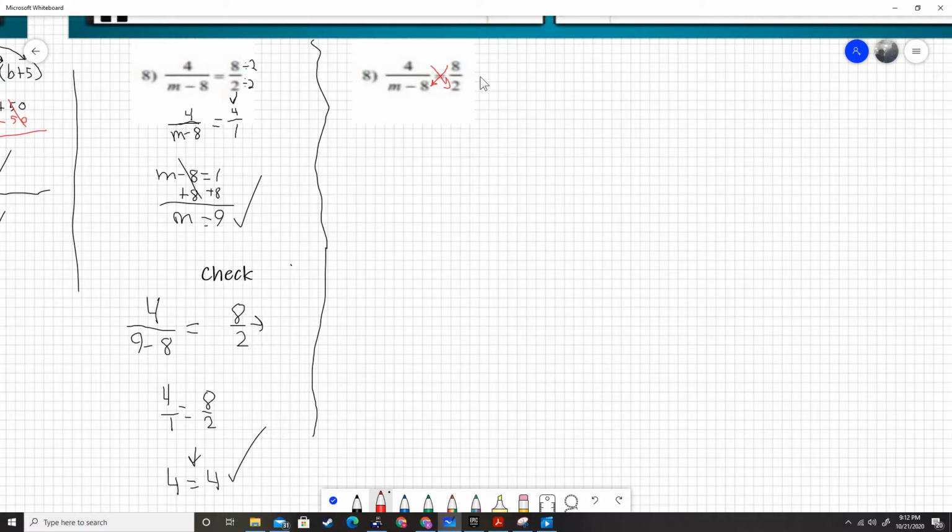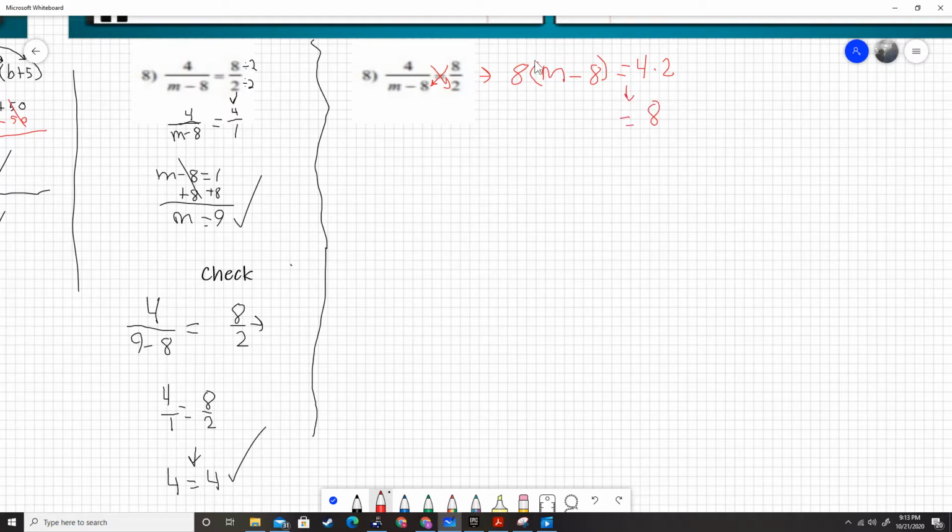So when I multiply this out, I have 8 times m minus 8, and that equals 4 times 2. Now over here, let's simplify. We got 4 times 2, that's 8.